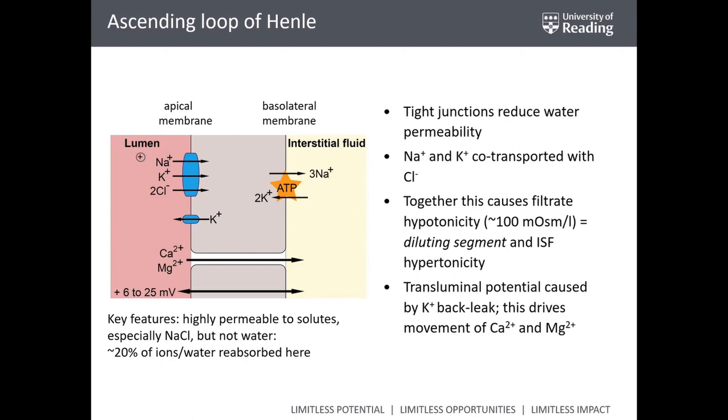The energy for this process is provided by the gradient of sodium generated by the basal ATPase sodium-potassium pump, because this pump keeps on pumping sodium into the interstitial fluid, generating an overall electrochemical gradient of sodium, which is directed from the lumen into the interstitial fluid.